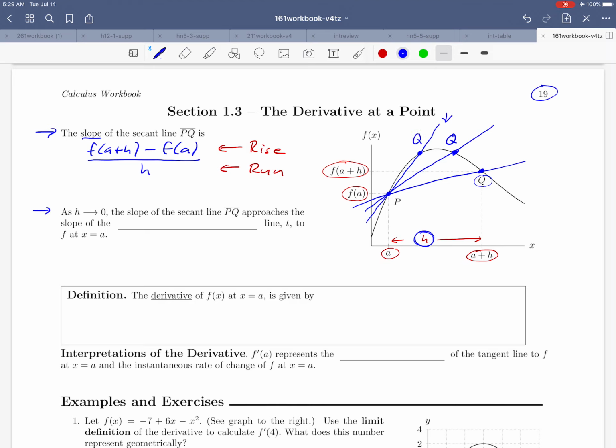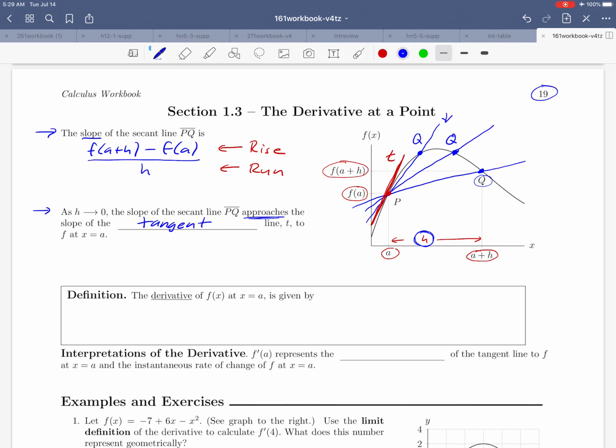Okay, so if you think of this as a dynamic process, what we're asking is, we keep doing that. We let h get smaller and smaller. What is the slope of the secant line approaching? And what we'll notice is if we draw in a tangent line at P, the line that just grazes it, the slope of the secant line is actually approaching the slope of that tangent line T. Okay, so we'll fill that in here.